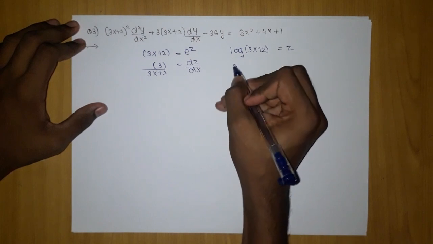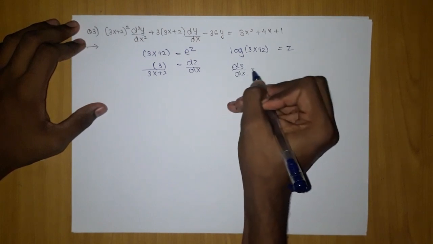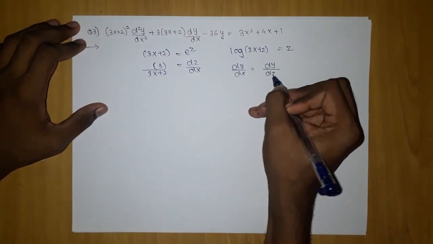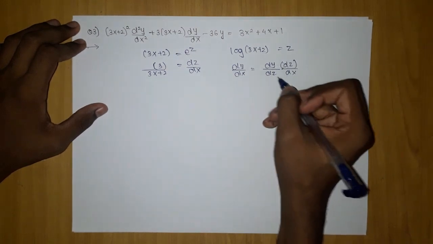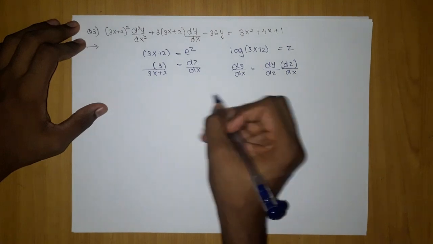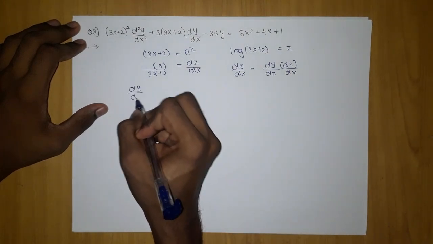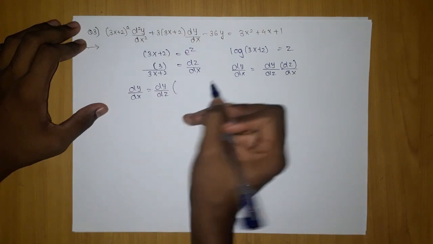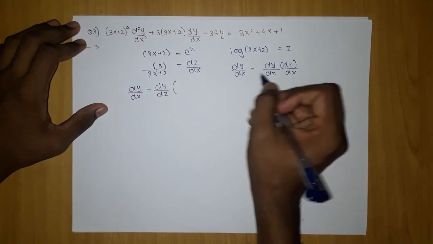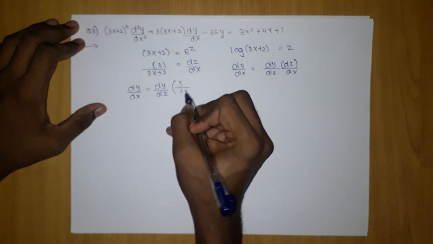After this I need to get dy by dx. What I am going to do, write dy by dz into dz by dx. Agree? We are going to substitute the value of dz by dx, giving me dy by dx equals dy by dz into dz by dx, which is nothing but 3 by (3x plus 2).